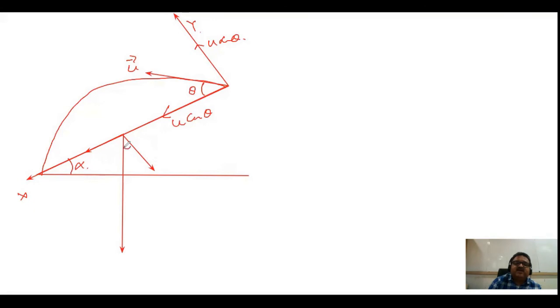This will be alpha, so this will be g cos alpha, and this is g sin alpha. Now watch it carefully. This is g sin alpha, and this is g cos alpha. Clear?